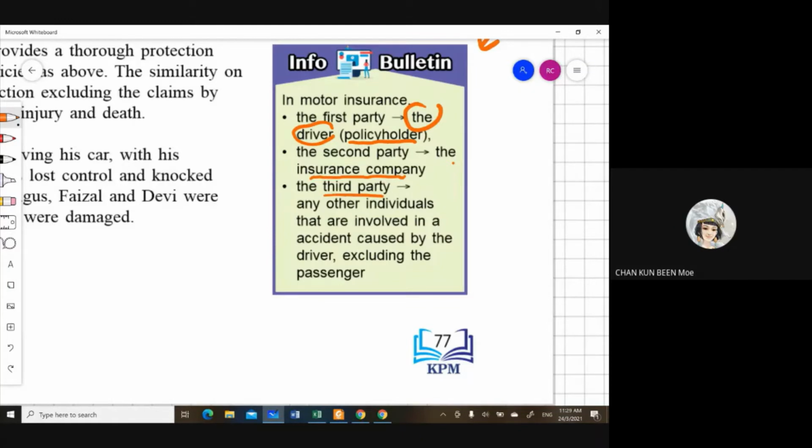Okay, and the third party is any other individuals that are involved in an accident caused by the driver, ourselves, or caused by the other driver, excluding the passenger, not including the passenger, only the driver. So we have first party, second party, third party. First party, ourselves. Second party, insurance company. Third party, the other individual. Okay, make sure you can identify it.